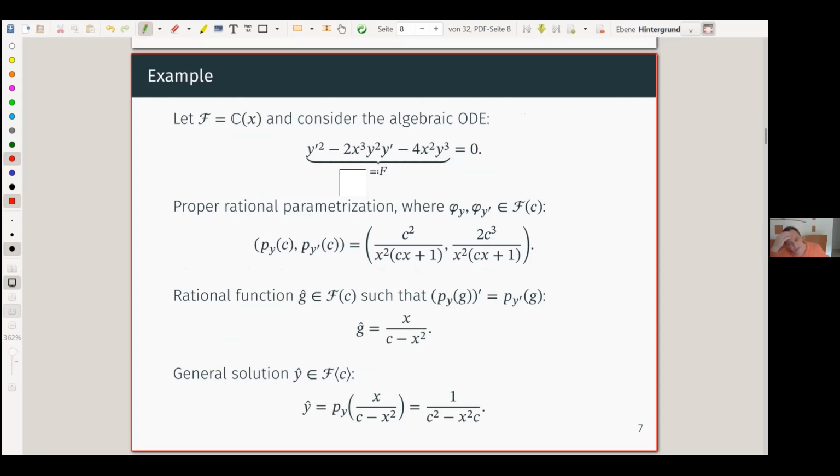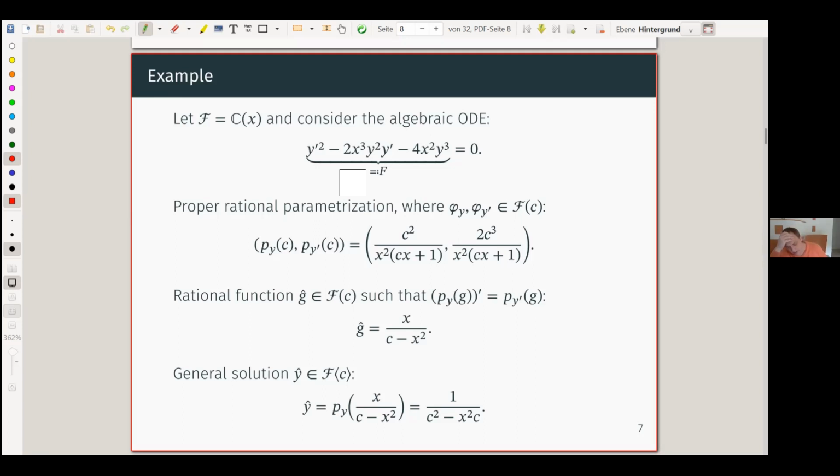If you have such an algebraic ODE, a polynomial in f, y prime, and y, you might think about this polynomial as a bivariate polynomial over rational functions in x, and you consider this then as a polynomial which generates an affine plane curve.